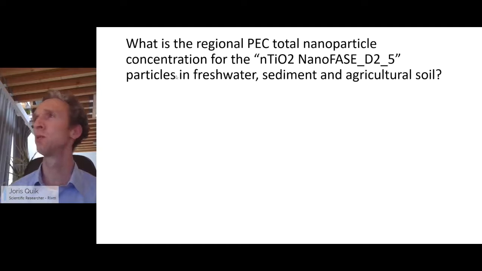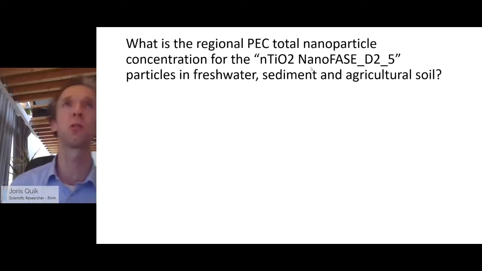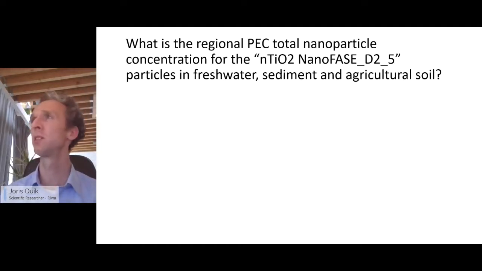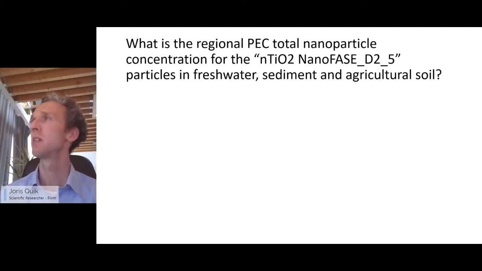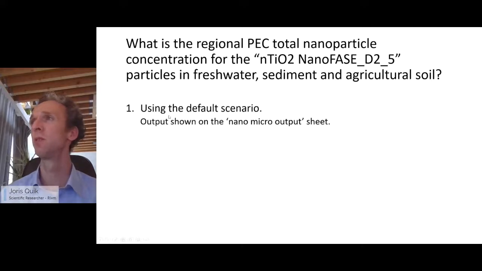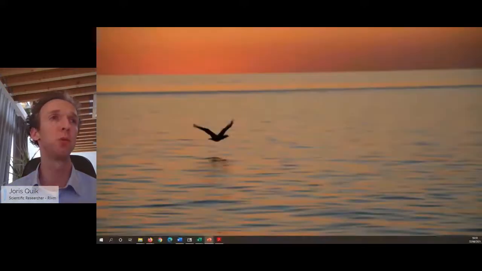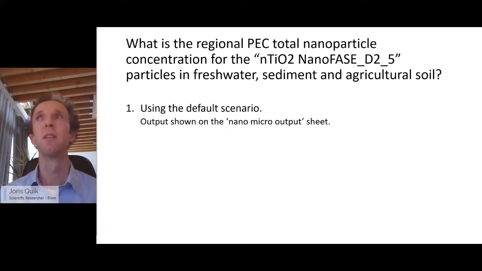The first question is related, of course, to the PEC, which stands for the predicted environmental concentration, which you can calculate. If you go to the model itself, you can select in the input sheet the default scenario. Maybe I should show you.